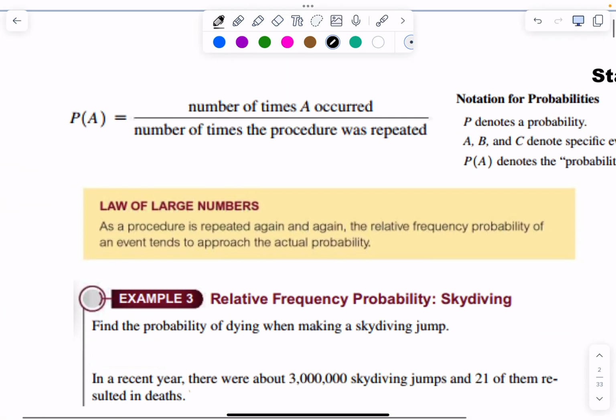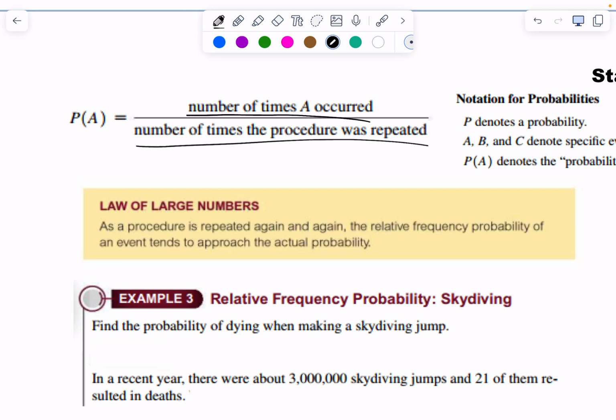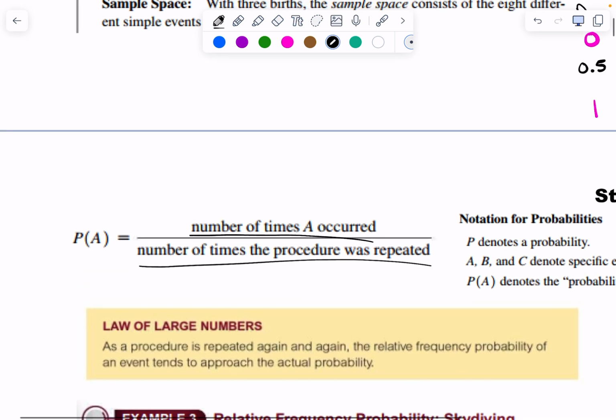Okay, let's do this. All right, probability. The number of times something occurs over the total number of times it's repeated. Okay? So, let's say I flip a coin and I ended up getting 3 heads and 7 tails.